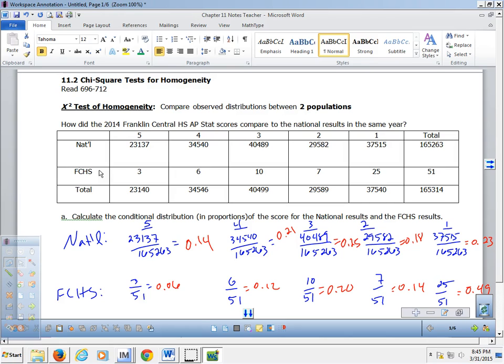And so we come over here to the total column and figure out, well, the national group, 165,263, and we divide that by 165,314, that is 0.9997 of the total there, the 165,314. Okay?